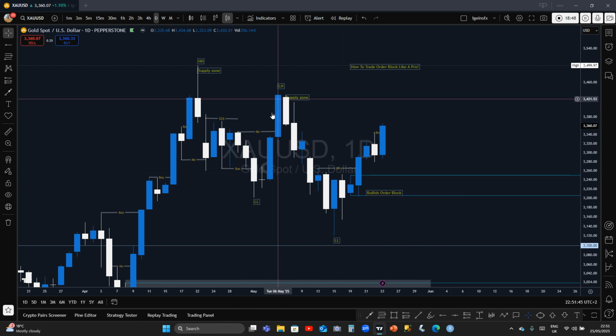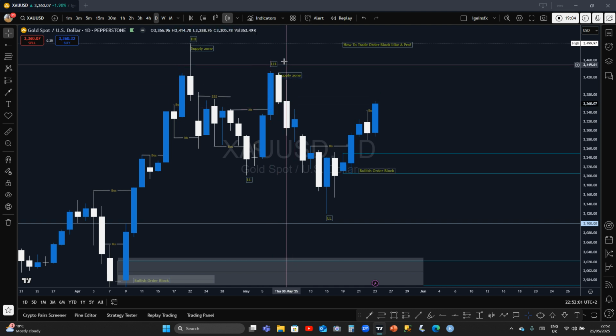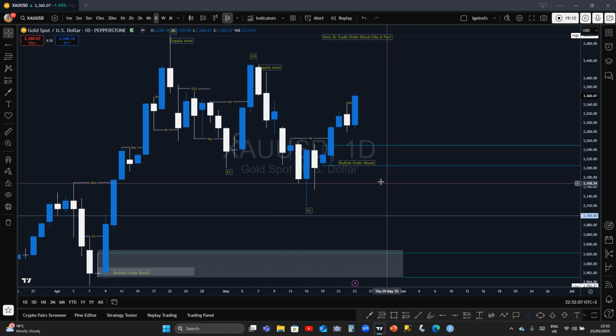Now, this push to the upside, upon clearing this level, there is a market shift again for price to push to the upside to create a lower high. All right, after the creation of this lower high, this is where your entry should be. Then you now follow to break structure to the downside.